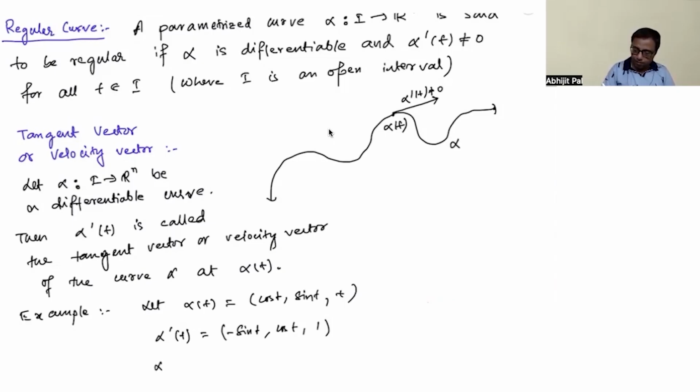This implies that alpha prime t is not equal to 0 for all t, so alpha is a regular curve.